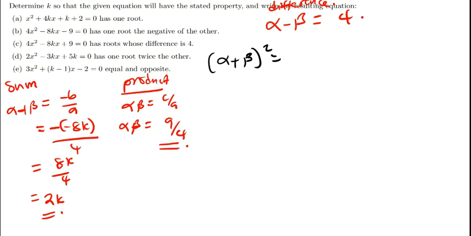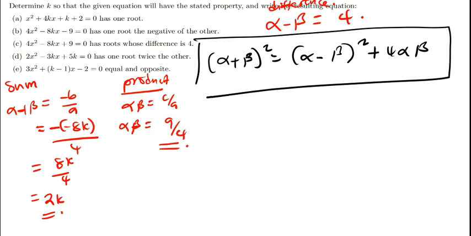I believe if you have been watching my videos, you have come across this. We use this identity if we have the combination of the sum, the difference, and the product. You can clearly see that we have it. We use this identity.